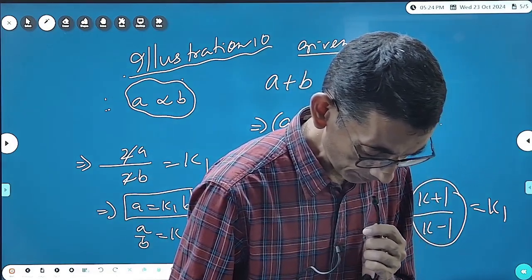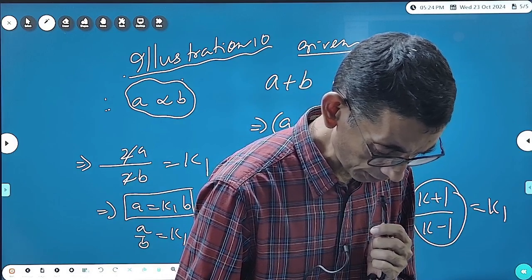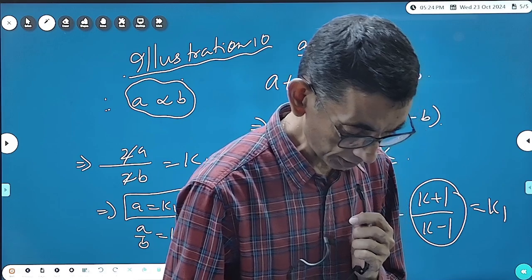The second one asks us to show that a square plus b square is directly proportional to a square minus b square.